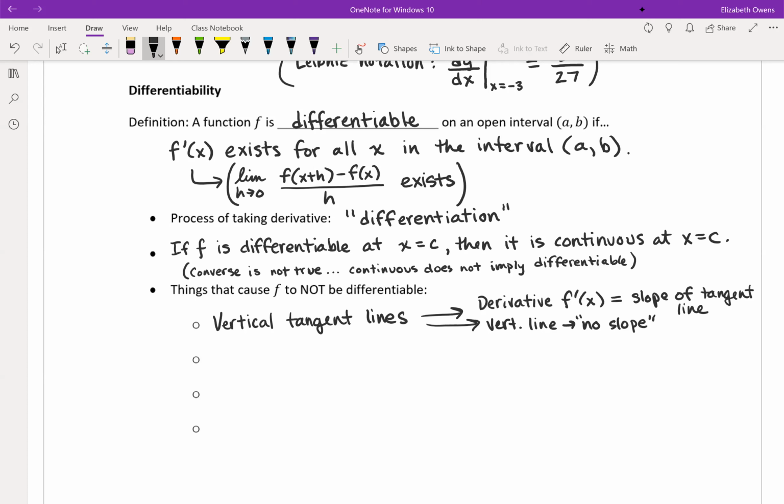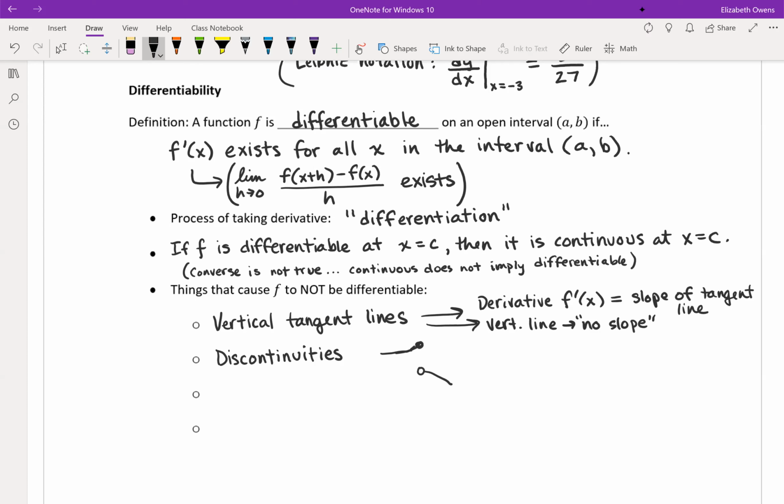Now, other things that cause f to not be differentiable would be discontinuities. That would be, of course, your vertical asymptotes, which kind of match up with the idea of vertical tangent lines. Jump discontinuities would also not have a derivative because one part of your function might be coming in like this, and then here's another part of the function.